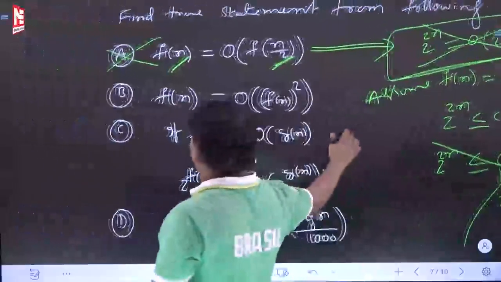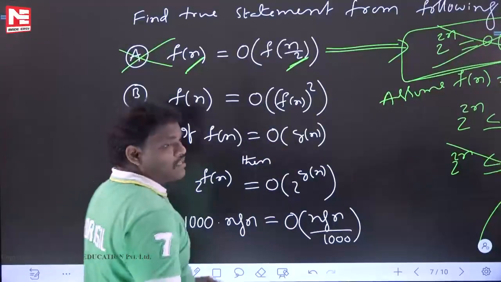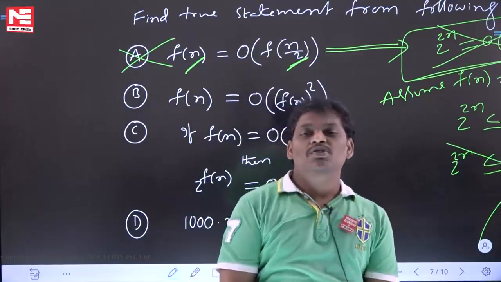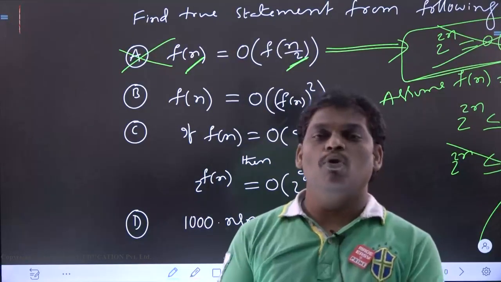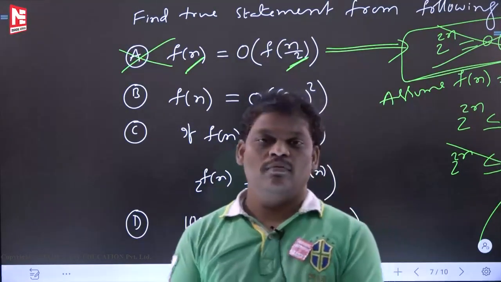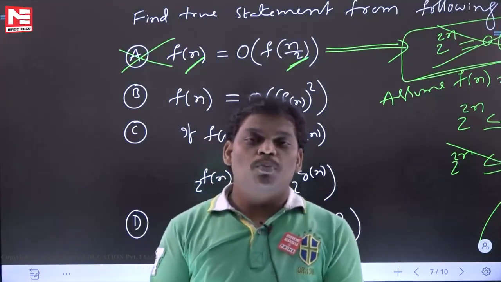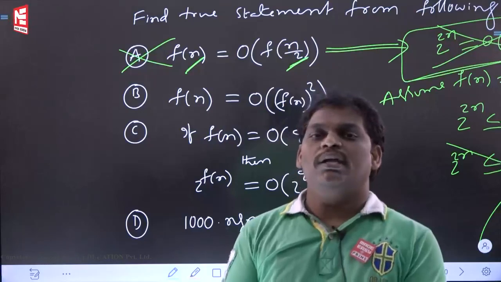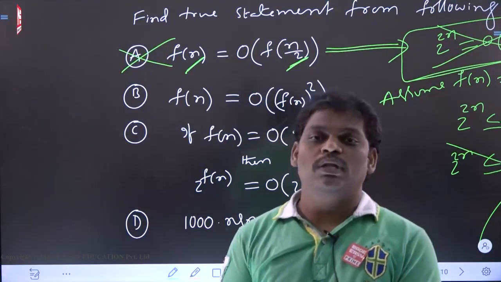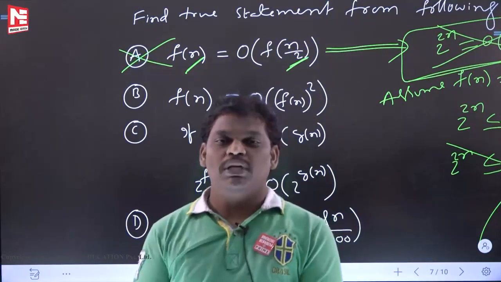One fail, fail only. Some people are asking, sir, how can you assume f of n is equal to 2 power 2n? Through practice I got. When you do more problems, you will get to know. Automatically you will get to know. Don't worry at all. It is very difficult to say now itself.